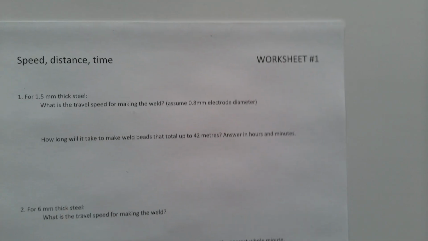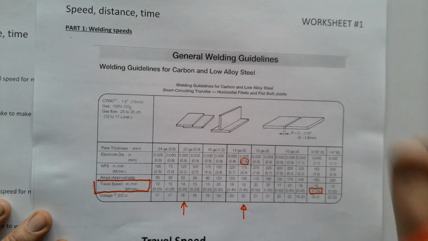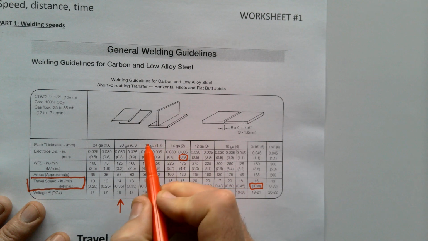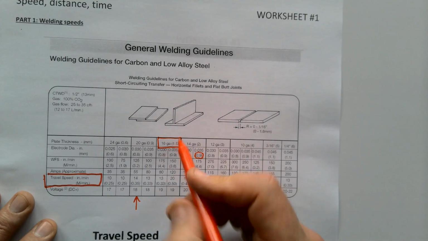So what does that mean for, say, question 1? Question 1 says, for 1.5 millimeter thick steel, what is the travel speed for making the weld? Assume 0.8 millimeter thickness. So what was it? 1.5 mil. There it is, right there, 1.5 mil. And it says to assume 0.8 millimeter electrode.